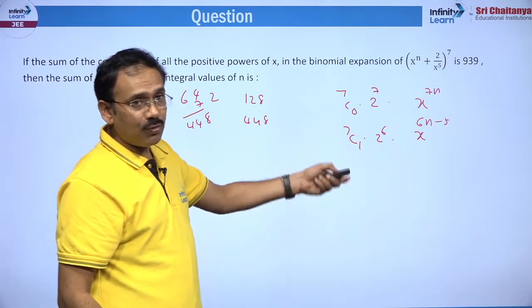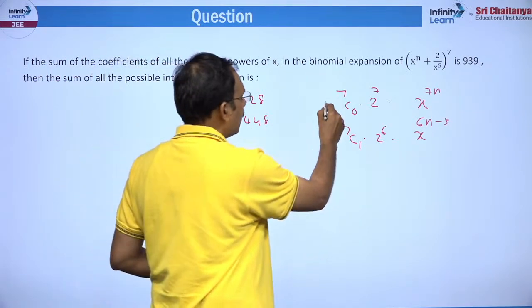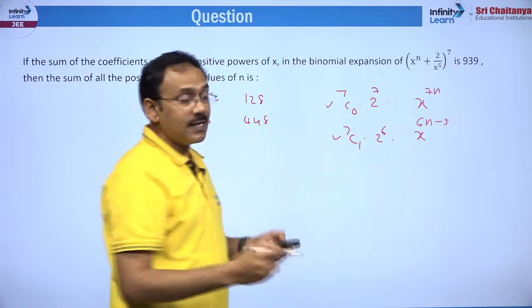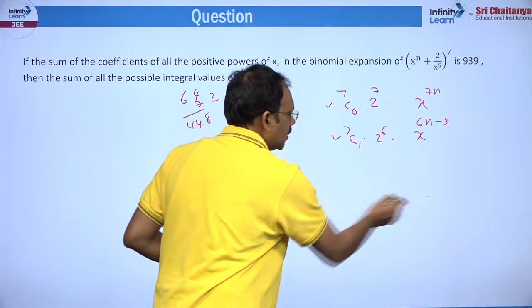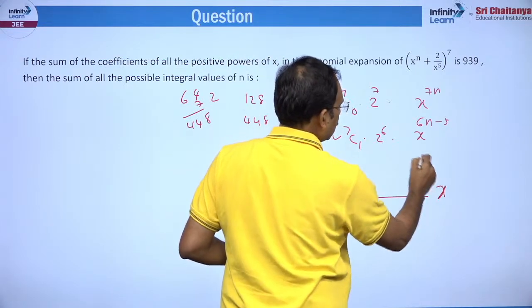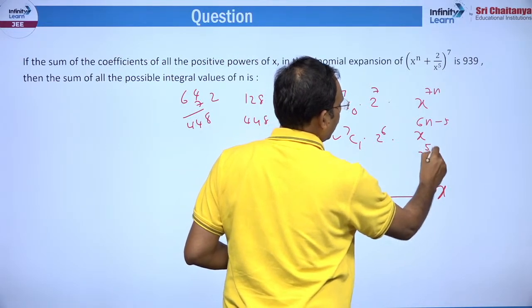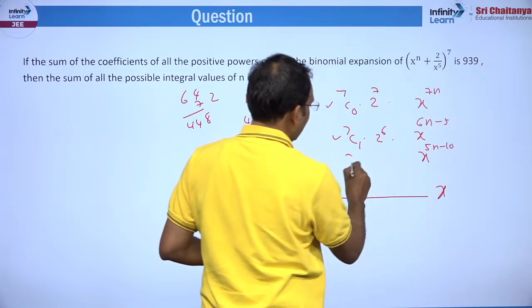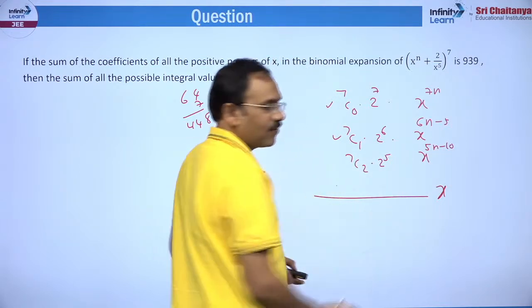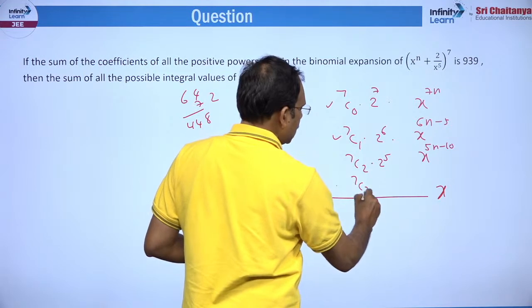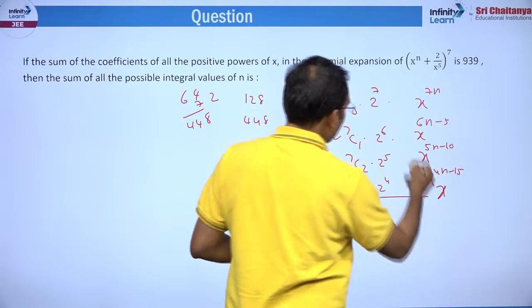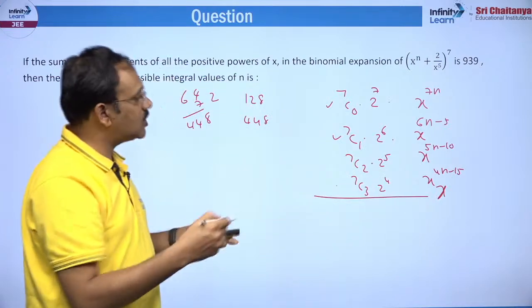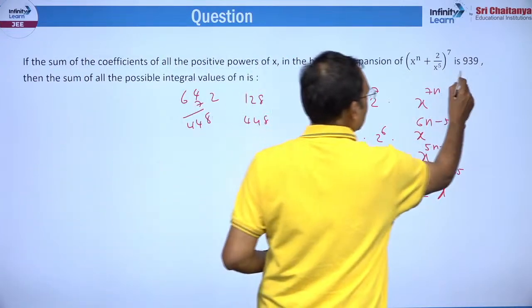Like that you have to take the terms, you just keep on adding the coefficients, it must be 939. You will get at some stage there the x power, the next power will be 5n minus 10, this will be 7c2 into 2 power 5, next 7c3 into 2 power 4, x power 4n minus 15. Like that you see up to which term we are going to get the sum 939.